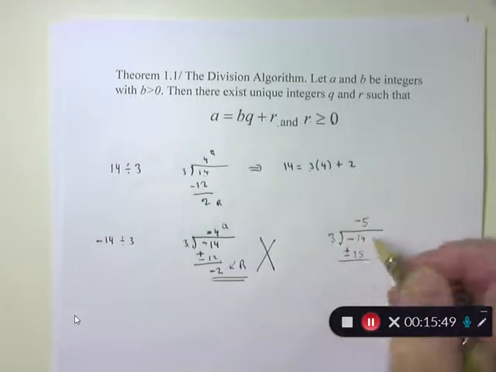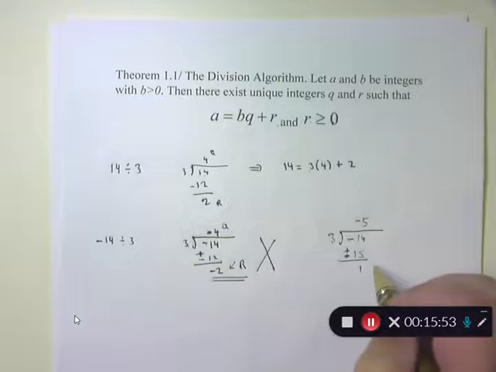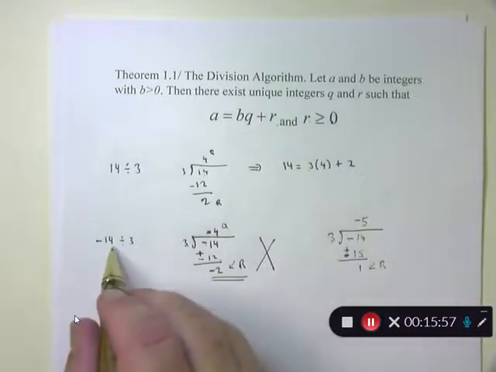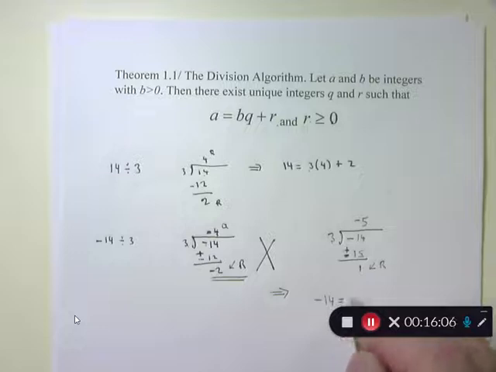It becomes a plus. Negative 14 plus 15 makes it a 1, but that's positive 1, and that's my remainder, and it's positive. So negative 14 divided by 3 written in terms of the division algorithm would end up being negative 14 is equal to your divisor, which is 3, times negative 5 plus the remainder, and your remainder is 1.